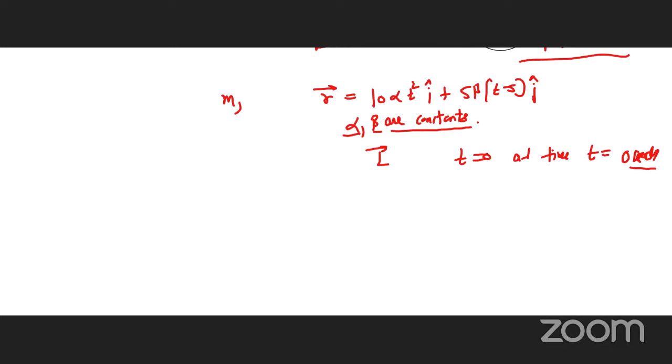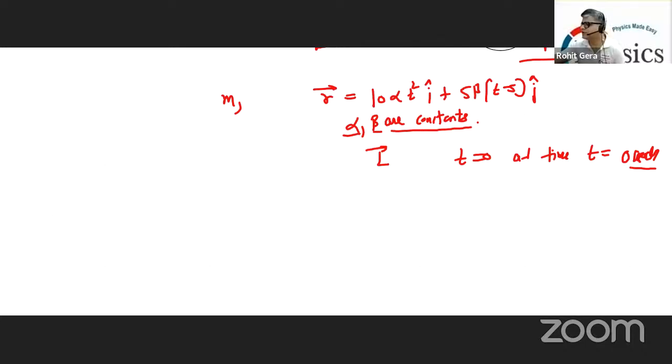To find the velocity, should we take the derivative? First, have you understood the question? We are not talking about maths. Have you understood what we are trying to do? What's the rush of taking derivatives and all of this? Physically, what is happening?